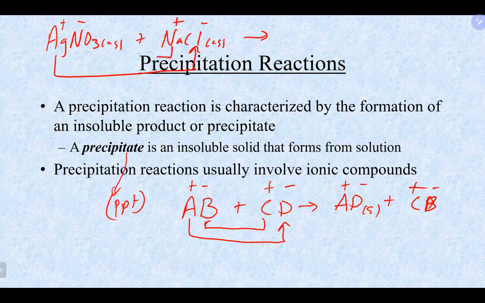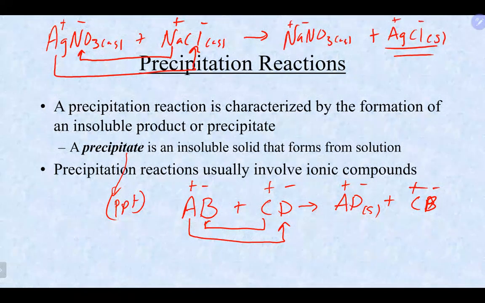The sodium will change partners and hook up with the nitrate. The result of this reaction is we will make sodium nitrate, and we will make some silver chloride, which actually is a solid. And again, we made two new ionic compounds. And this would be a white precipitate that would be made.